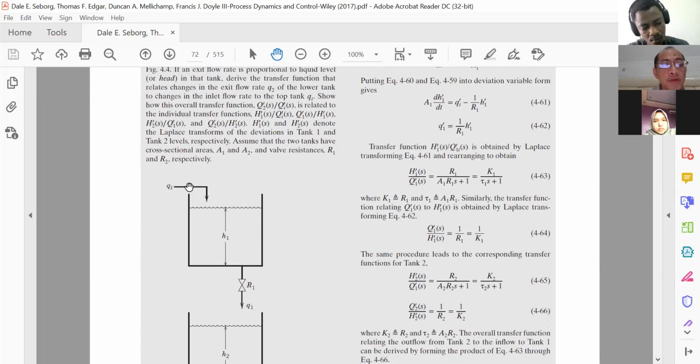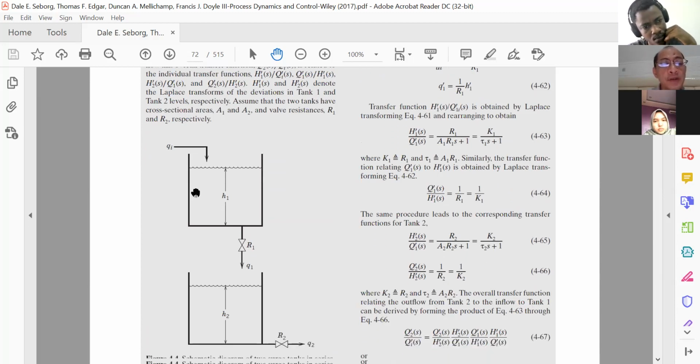All right. What we should do is first try to find the transfer function for the first tank. And we already learned that this will be a first order system, right? First order process.